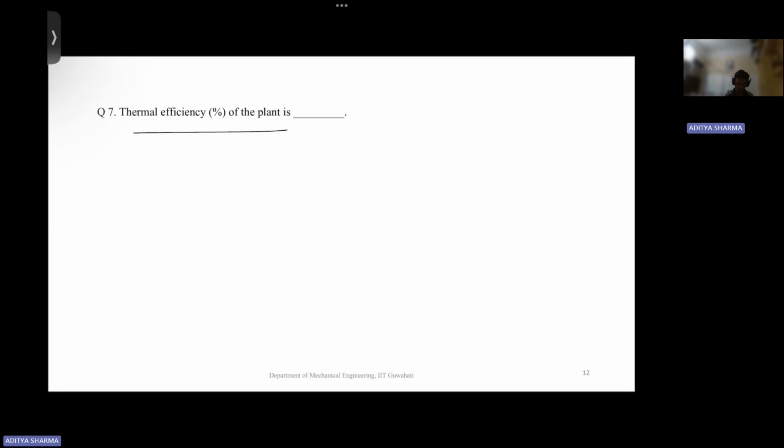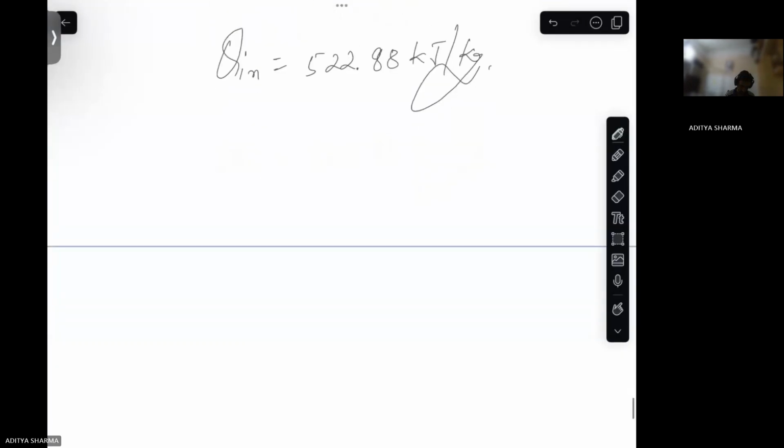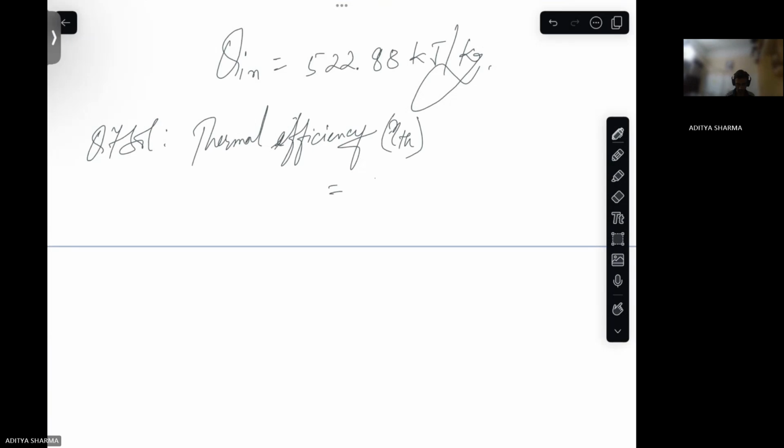Then the last question of this lecture is thermal efficiency. So thermal efficiency is W net by Q in.